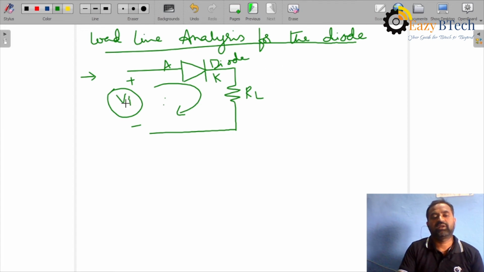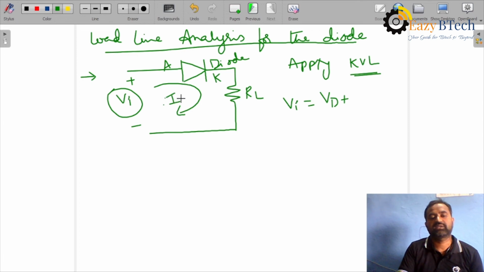Now write this equation applying KVL. VI is equal to the voltage across the diode VD plus the current. In series the current is the same, that current is ID, into RL.